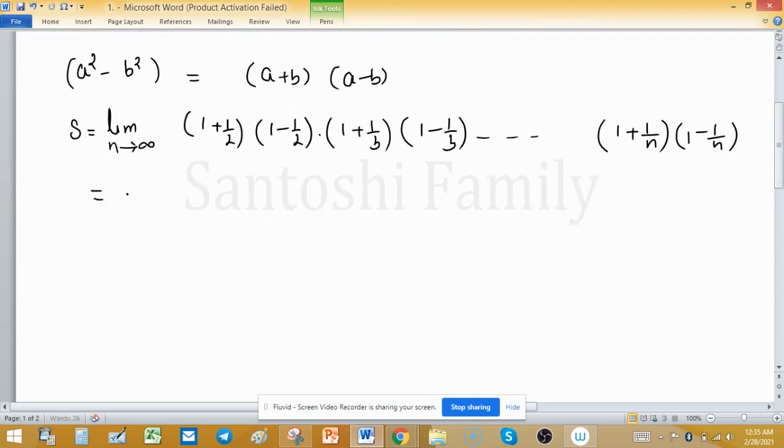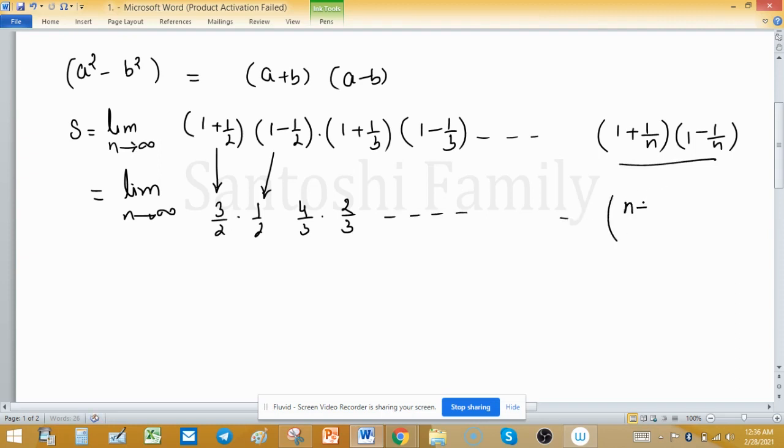Now this is limit n tends to infinity. This first bracket will be 3 upon 2 and this is 1 upon 2. Similarly, 4 upon 3 into 2 upon 3 and so on. Check this one. It will be n plus 1 divided by n, and in the other bracket n minus 1 divided by n.